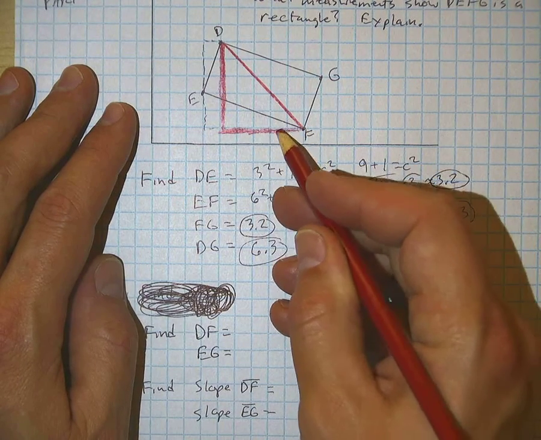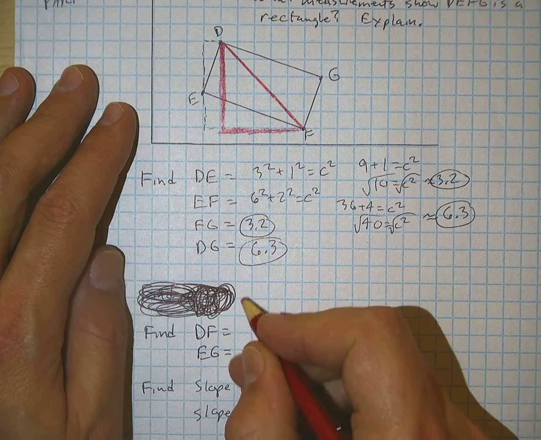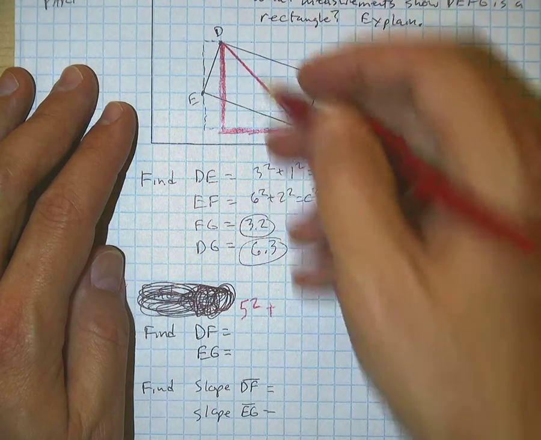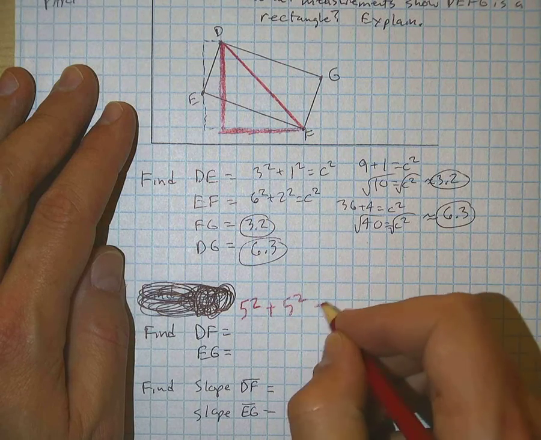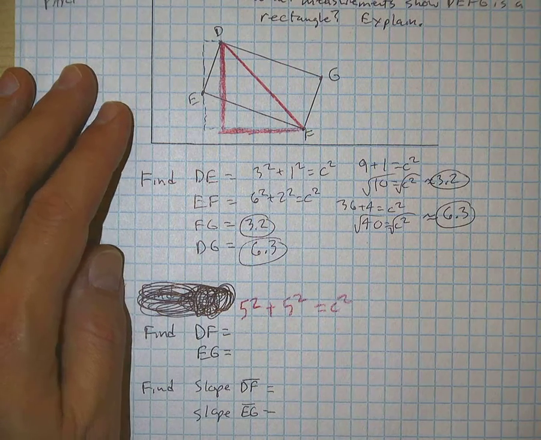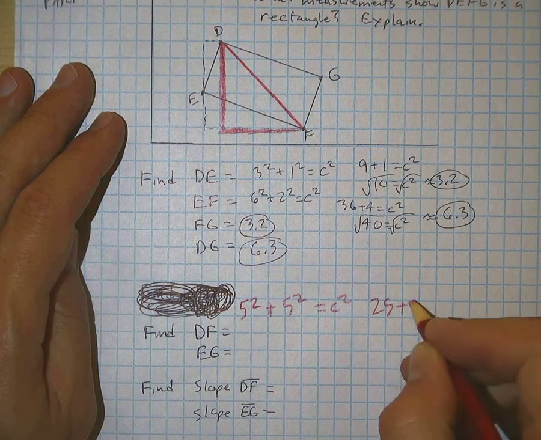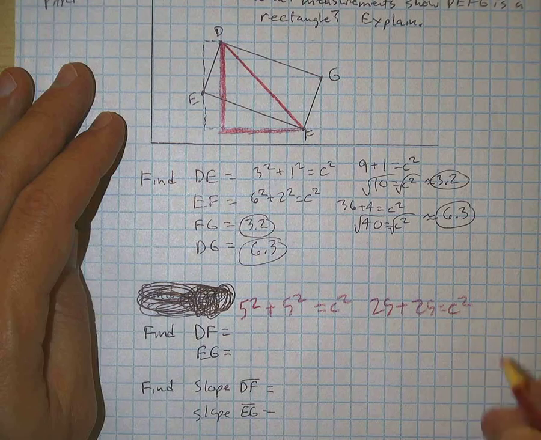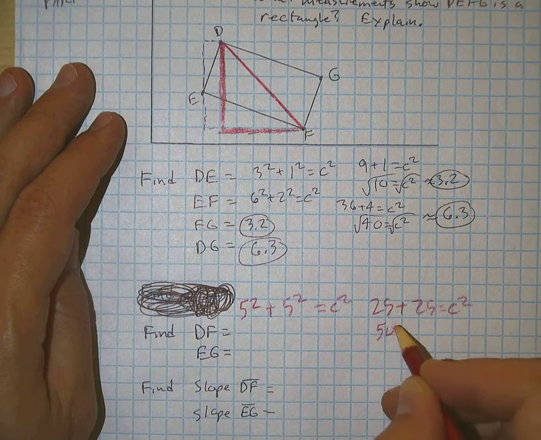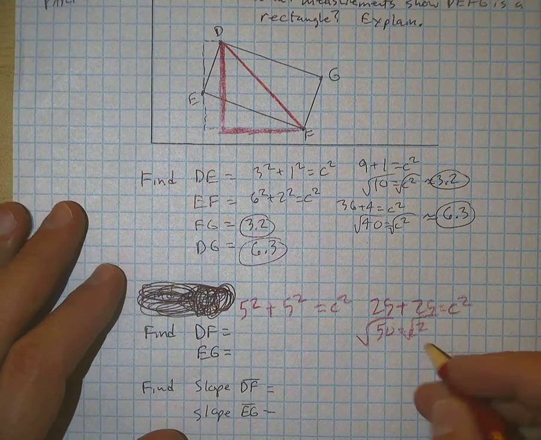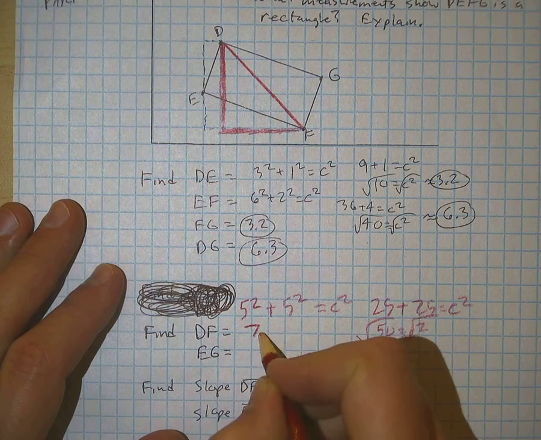I go 1, 2, 3, 4, 5 squared plus 1, 2, 3, 4, 5 squared equals c squared. All right. So this is going to be 25 plus 25 equals c squared, or 50 is equal to c squared. Take the square root. Let's see, what is the square root of 50? About 7.1. So this is going to be 7.1.